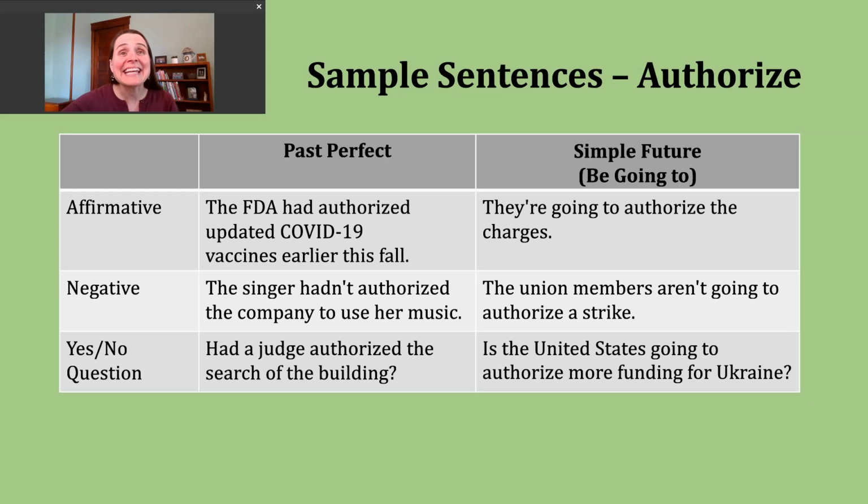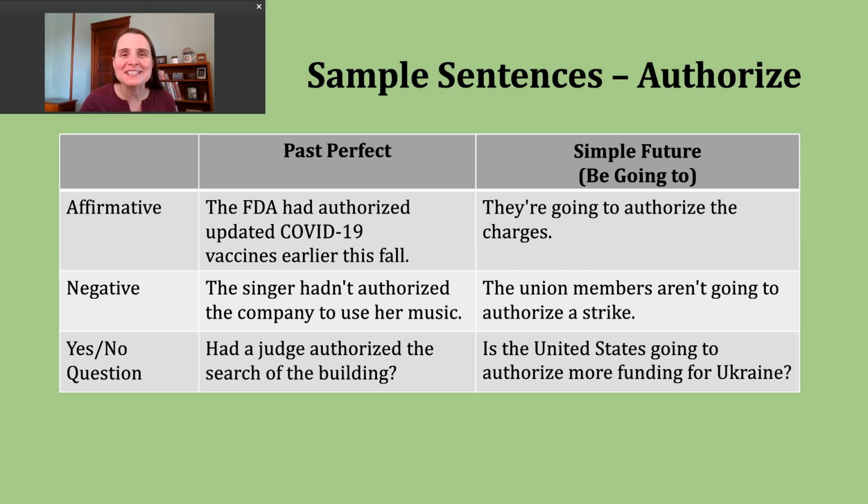Now, if you want to make a negative past perfect sentence, you're going to do that by starting with your subject, using had not, and then the participle form of the verb. Now, you might hear people combine had not into the contraction hadn't. You can see that in my example here. The singer hadn't authorized the company to use her music.